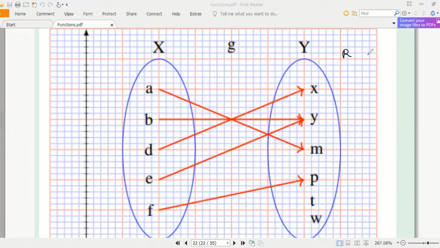The elements of the codomain that have been mapped to are x, y, m, and p. So this is the range. If you're given a diagram to tell the range, this is how you find it.